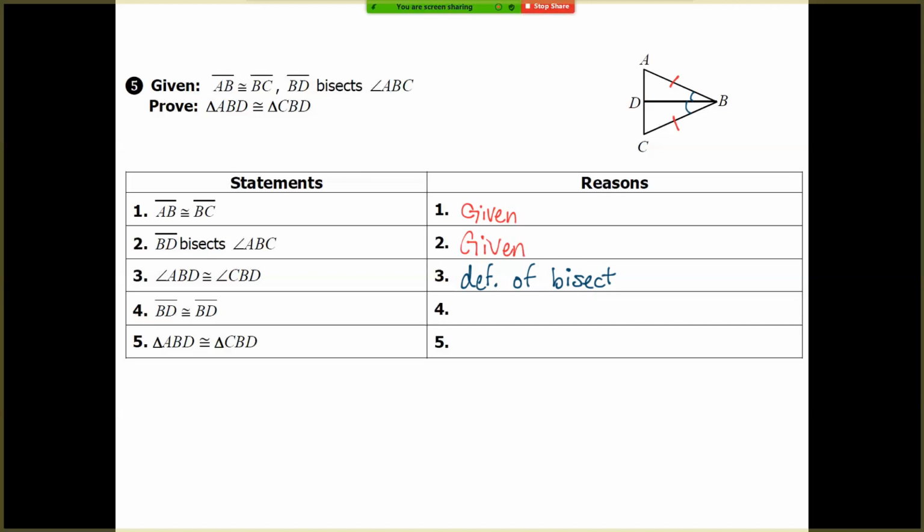Our reason for number 4, we have BD congruent to BD. That's talking about this center line here. It's congruent to itself by the reflexive property. And now we have two triangles marked congruent with two pairs of sides and one pair of angles. The angles included, which means they're congruent by side, angle, side.